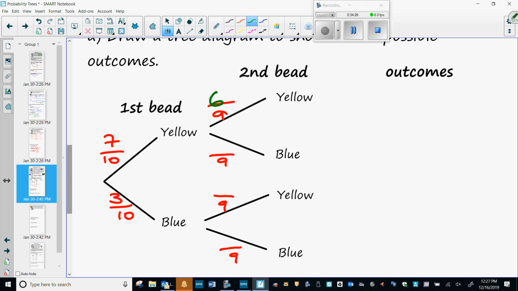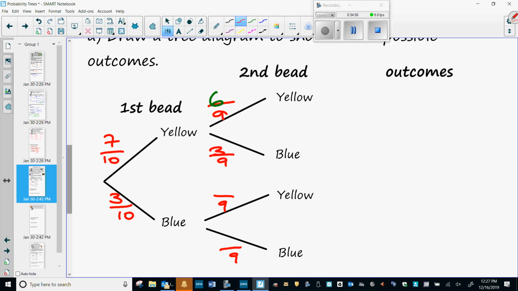Now, we've got 6 out of 9. So what does that mean my blue probability would be? 3, because we know they have to add up to the denominator, yes? And also, we didn't take any blue ones out along this branch, yes? So this one is still going to be 3.